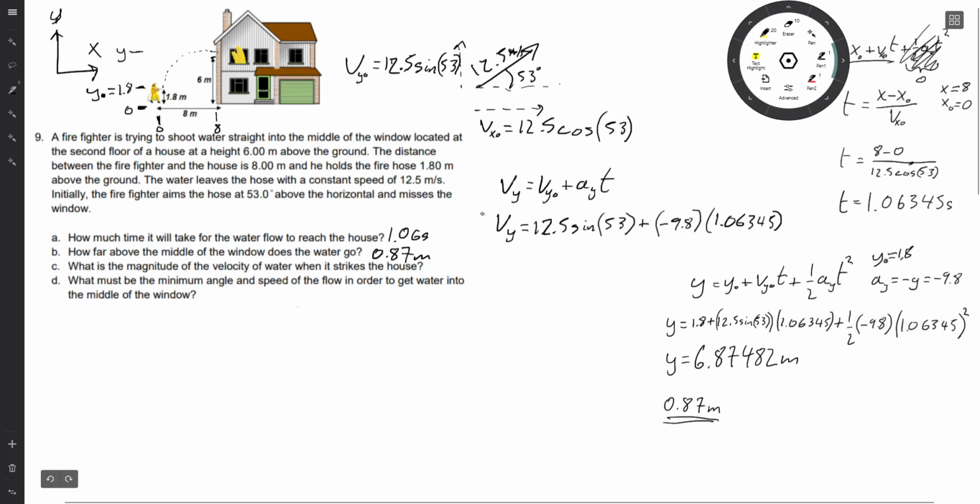And now this is what we're going to use to find our velocity. So Vy is going to be equal to negative 0.438866.